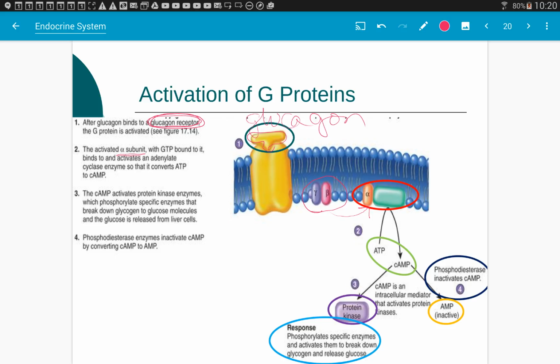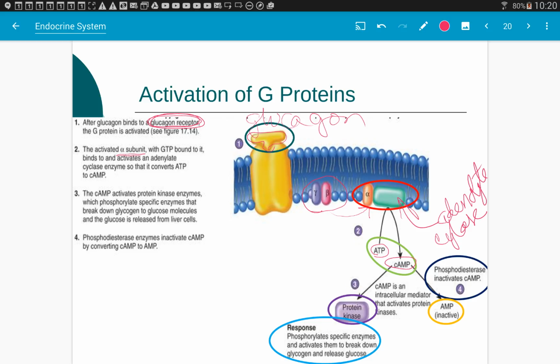Yes, it activates adenylate cyclase, so this would be our adenylate cyclase right here, this purple guy. Can't spell, I'm sorry. And when it does that, it allows ATP to be converted to cyclic AMP.